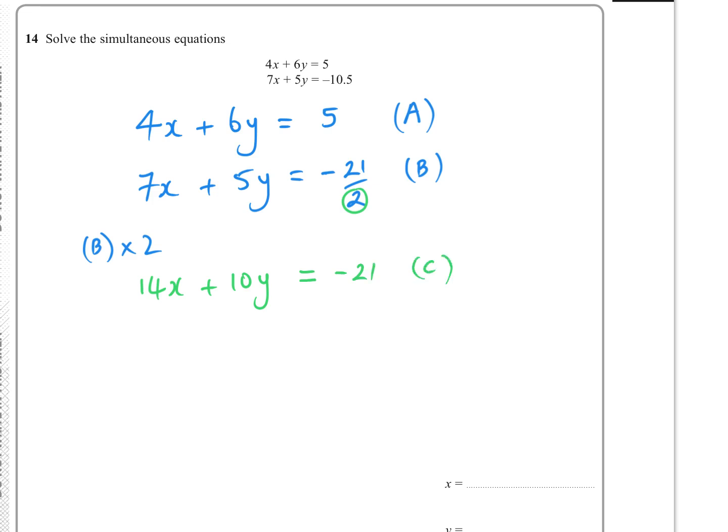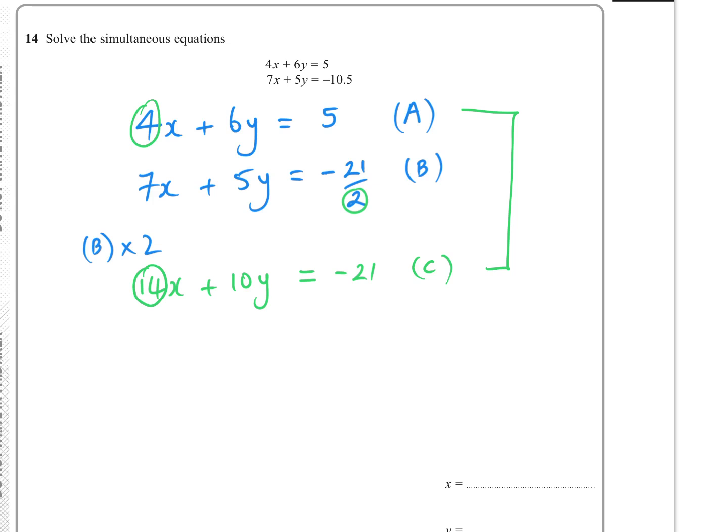So I'm going to really look at A and C, and I'm going to try and get rid of the coefficients of x, i.e. make the x values disappear by getting them the same and then taking the equations away from each other, or adding the negative of one of the equations. You've probably got your own ways of doing these simultaneous equations anyway. So let's have a look. I think I'll try and look at the lowest common multiple of 4 and 14.